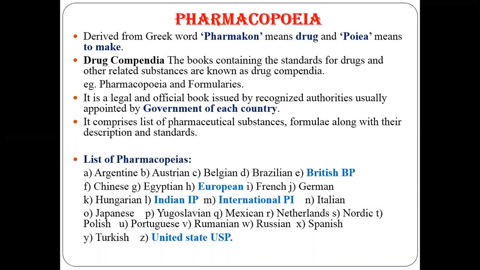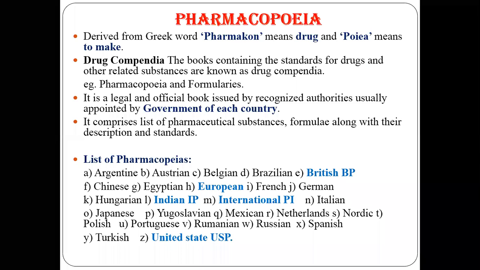In India also we edit our Indian Pharmacopoeia from time to time as per our requirement. The United States Pharmacopoeia and the British Pharmacopoeia are also edited from time to time. Then the International Pharmacopoeia is also there.